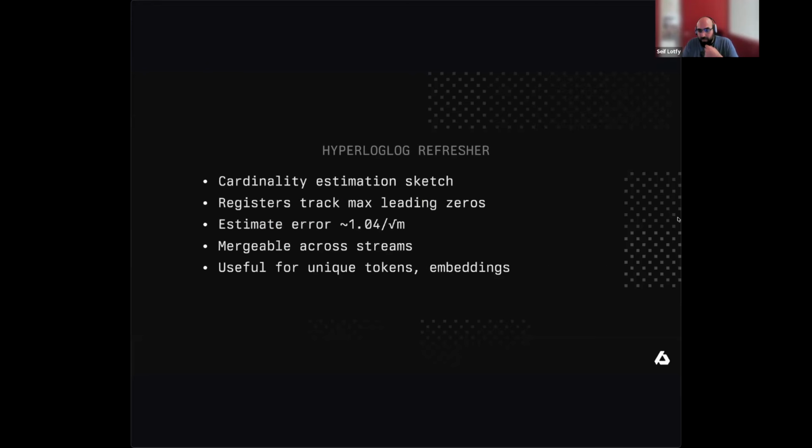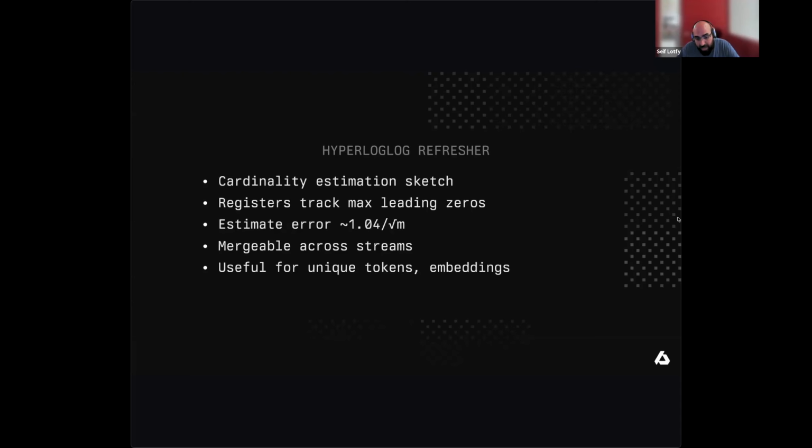The estimation error in my implementation was usually about 0.8%, in most of my experiments. And again, you can merge this across streams. The difference is that with 16 kilobytes, I can keep track of a distinct count of up to trillions.